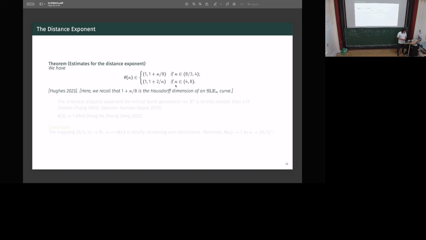This is proved by Liam Hughes in his thesis. I have not seen that paper anywhere yet. Is it? It's in his thesis, you can find it on some Cambridge website. So he hasn't put a paper on? No, I don't think so. And 4 is not included? 4 is not included. Okay. I will also mention why.